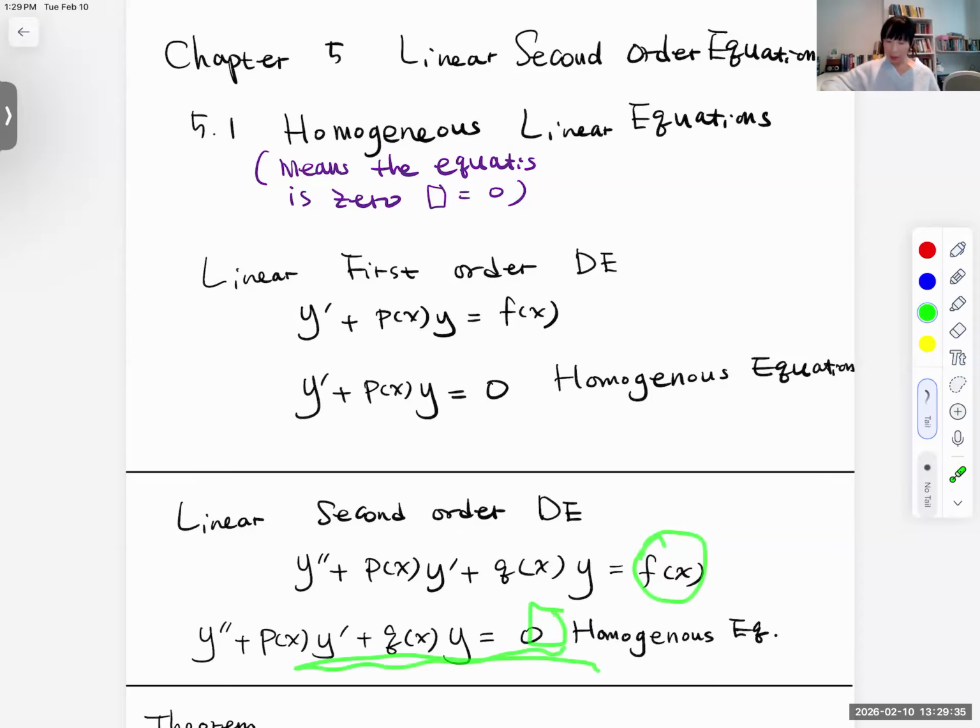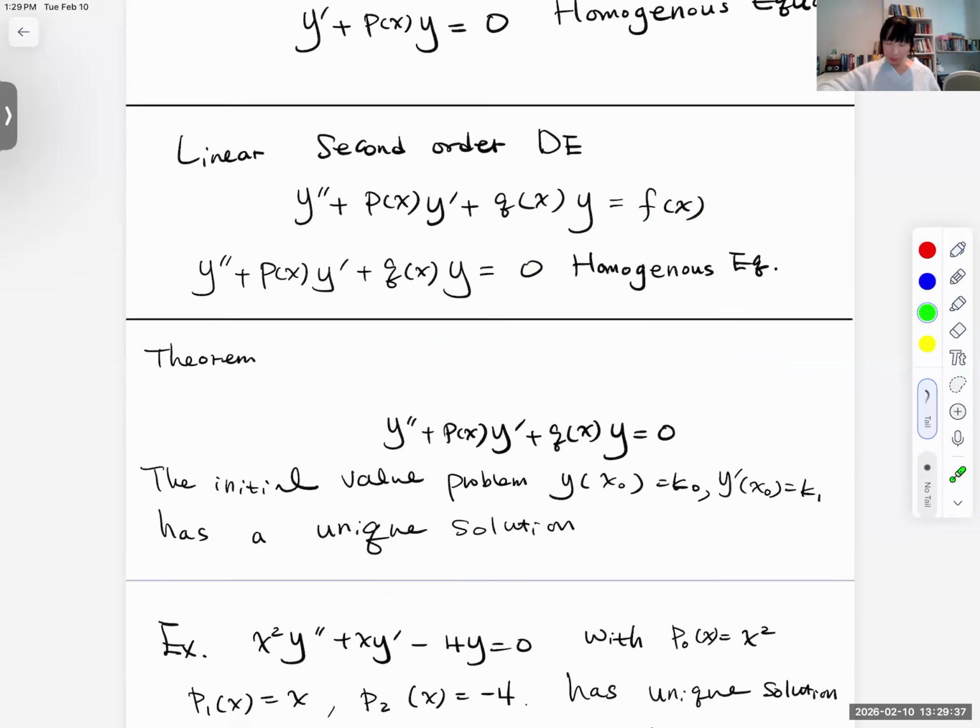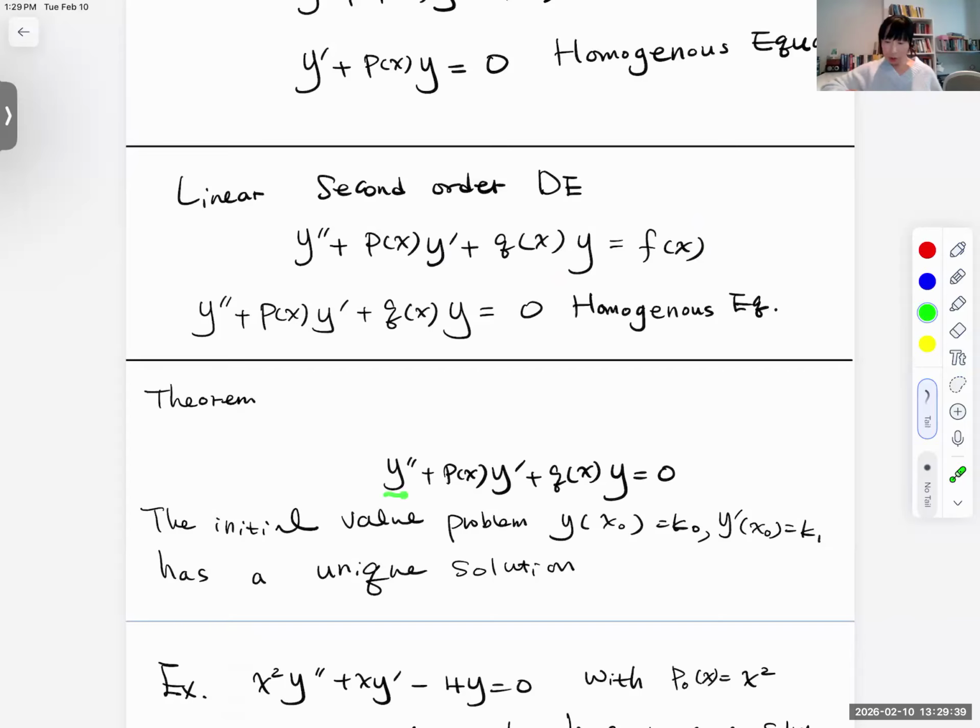All right. Okay, now we have this linear second order homogeneous equation, right? y second prime plus p of x times y prime plus q of x times y equals 0, with an initial value problem.